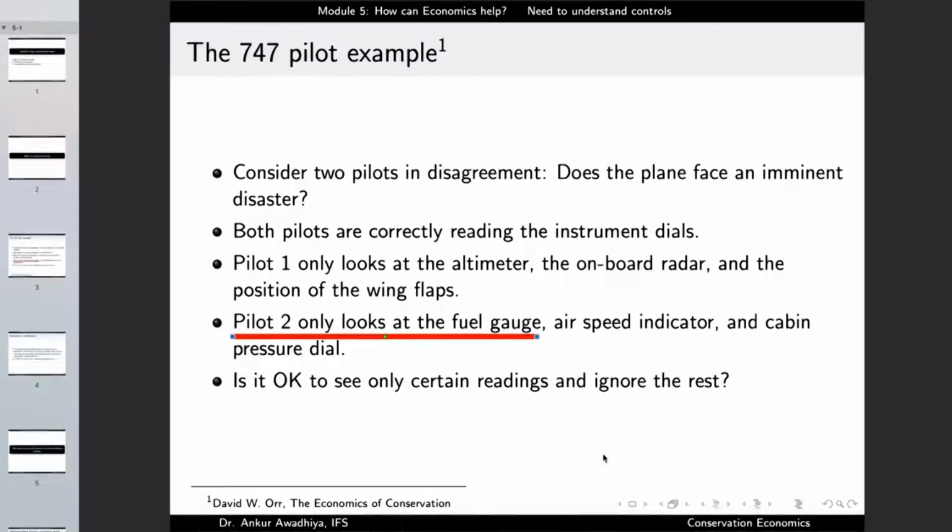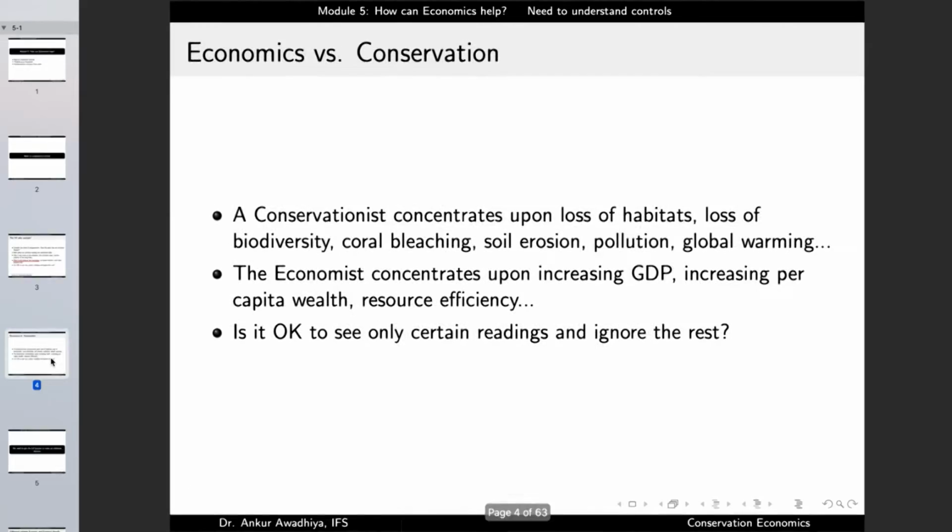But pilot one has turned his eyes off from this gauge. He says, I'm not going to look at this gauge, whatever happens. Now, what will happen? This thought experiment tells us that whenever we are working for a common good, we need to be on the same page and we need to look at things in a more coherent manner.